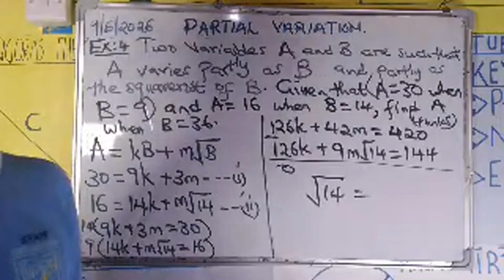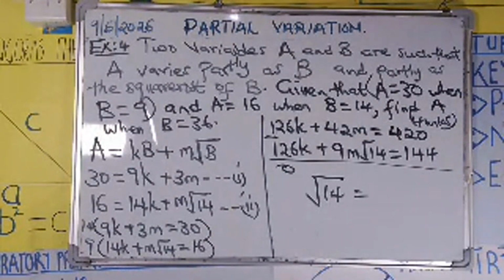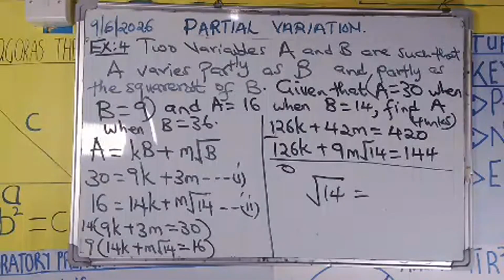Nipatieni hiyo mbio mbio. Finya calculator mbio. 3.742.